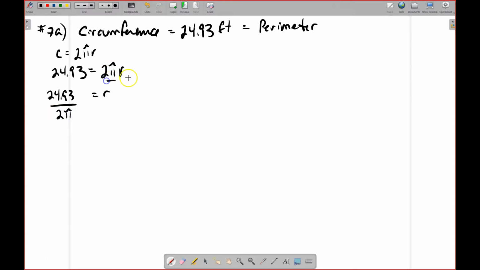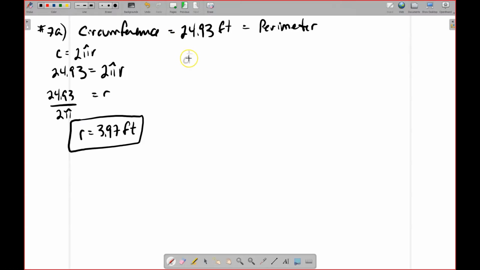So in order to get rid of the 2 pi over there, we divide the other side by 2. We're dividing both sides by 2, so we get rid of it from one side and introduce it on the other. And then we can go ahead and do that on our calculator, and we come up with the radius is equal to 3.97 feet.